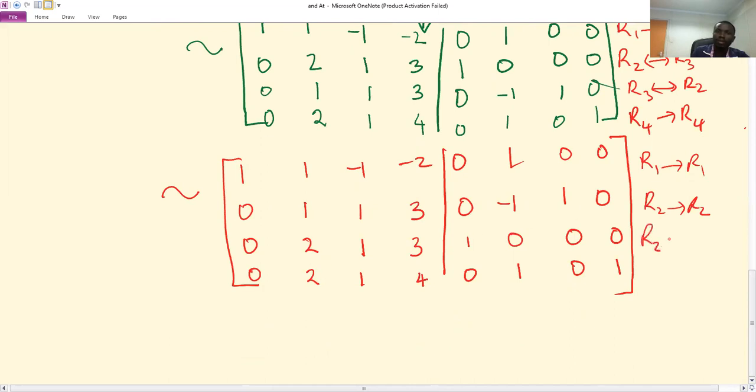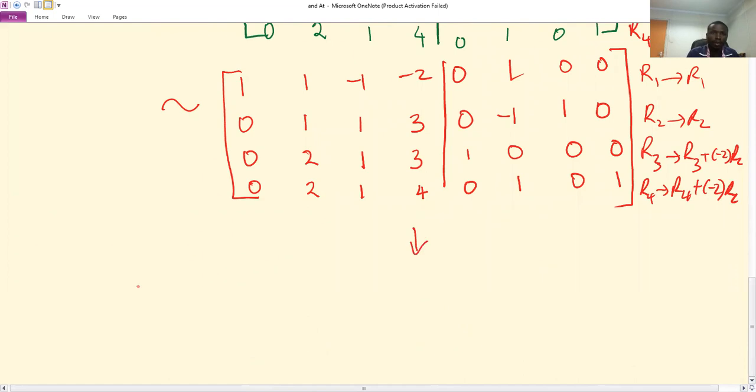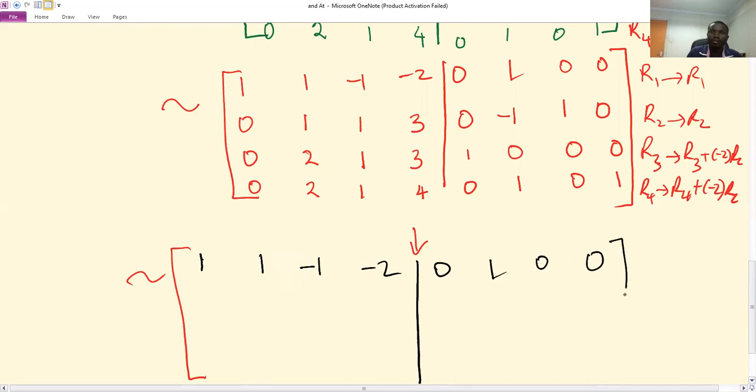So row 3 becomes row 3 plus minus 2 times row 2, and row 4 becomes row 4 plus minus 2 times row 2, so that we get an equivalent matrix 1, 1, minus 1, minus 2, 0, 1, 0, 0, 0, 1, 1, 3, 0, minus 1, 1, 0.